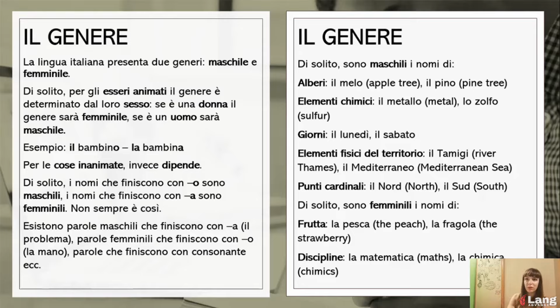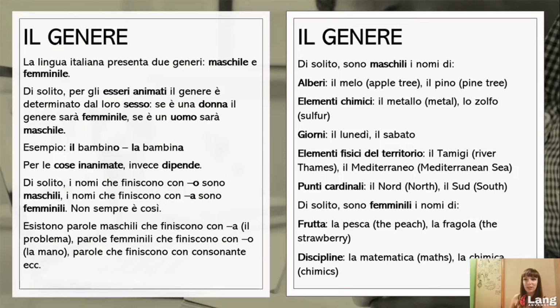On the right side of the screen, you can see a few groups of words that are usually all masculine or all feminine. The names of the trees in Italian are all masculine: apple tree, pine tree, il melo, il pino. Il metallo, lo zolfo.